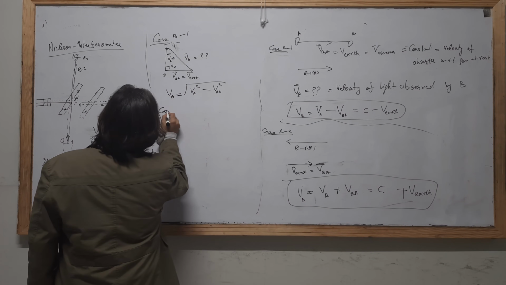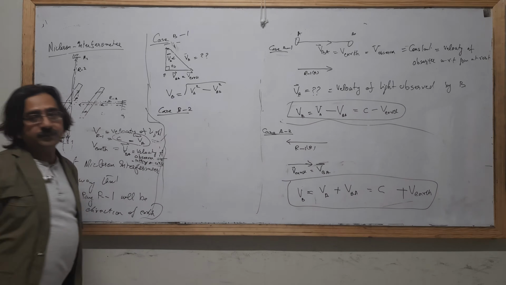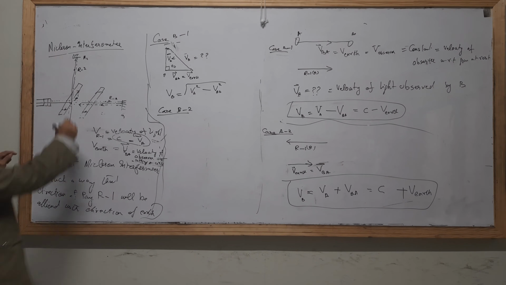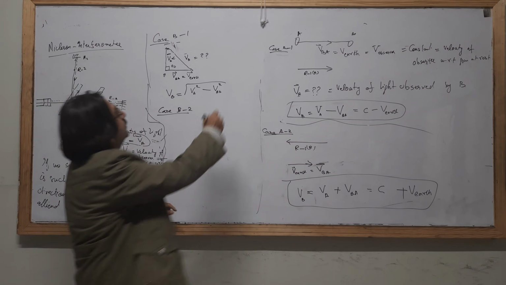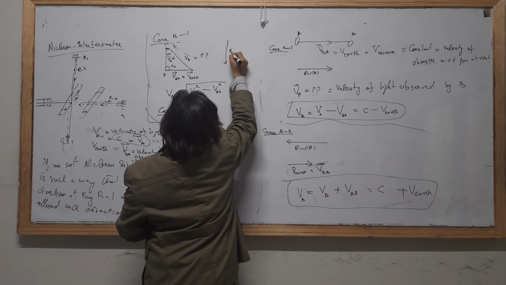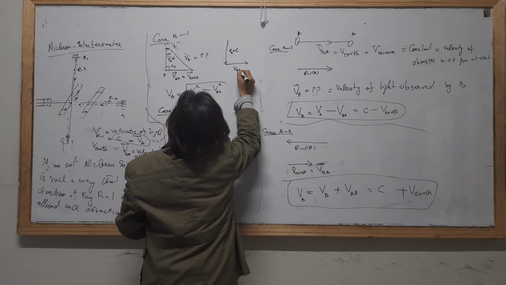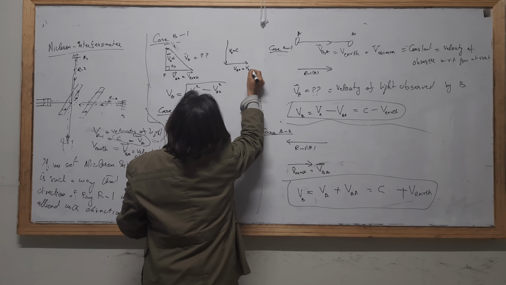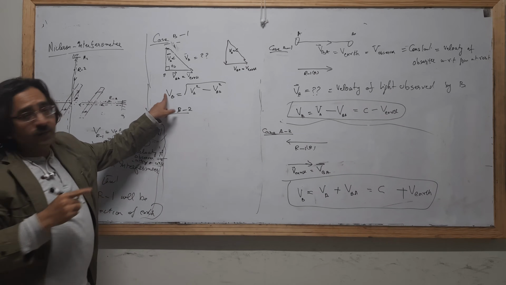And case B2. What will be case B2? Now the light is coming back. VA is C. The case is the same. Now the direction is different, but the magnitude will remain the same.